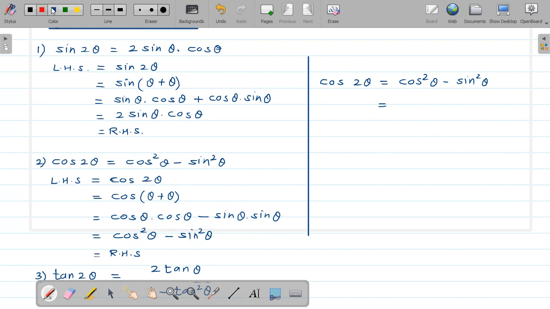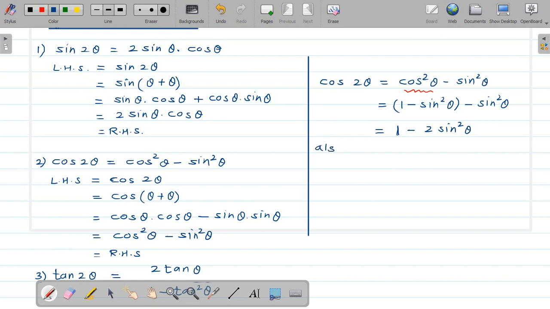If I put 1 minus sin square theta in place of cos square theta, by fundamental identity, and minus sin square theta as it is, then we get another form of the double angle formula for cos ratio, as 1 minus 2 times sin square theta. So just by trigonometric relation or by using fundamental identity, we can modify the original formula, cos square theta minus sin square theta, as 1 minus 2 sin square theta.